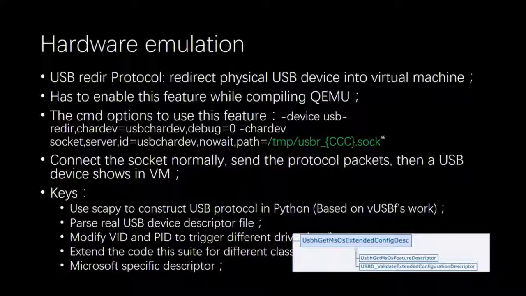So here's the introduction of the USB redirect protocol. It was used to redirect your physical USB device into the virtual machine, and if you use it in QEMU, you can redirect your device into a normal Unix socket.